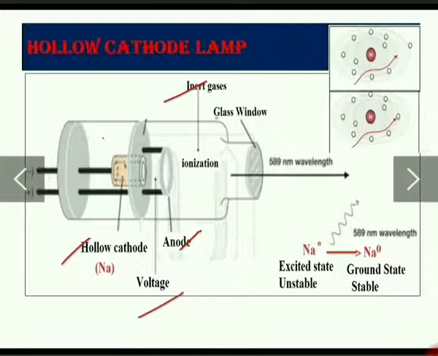When you pass a current between this cathode and anode, the inert gas undergoes ionization, and the ions of the inert gas hit the cathode, and the cathode will be converted into metal vapors, that is called sputtering. The metal vapors will be converted into metal atoms.